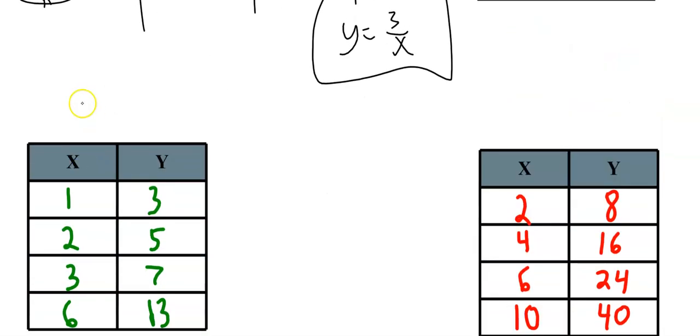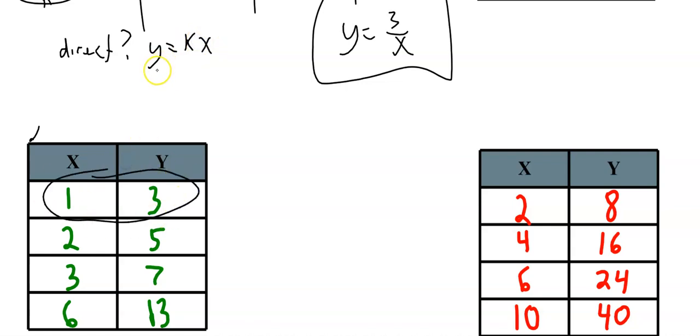So look at this one over here on the left. X is increasing, y is increasing, so it might, I say might, be direct. So let's just test it. The equation is y equals kx. Plug in maybe that first point there, so you get 3 equals k times 1, so k equals 3.